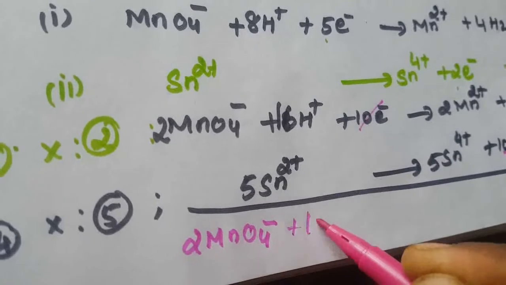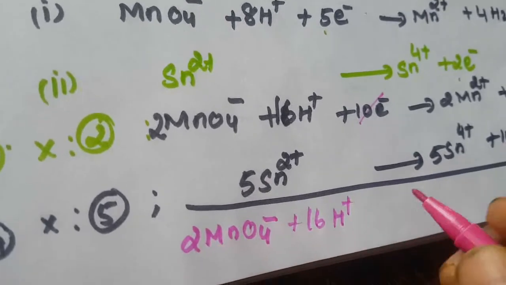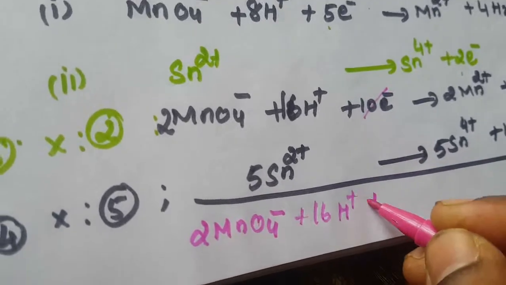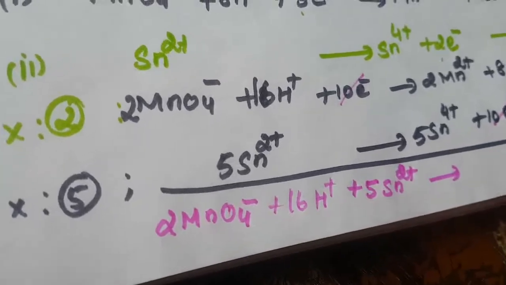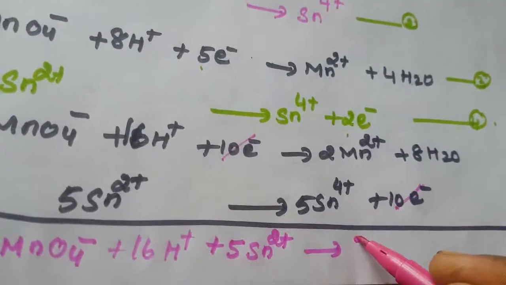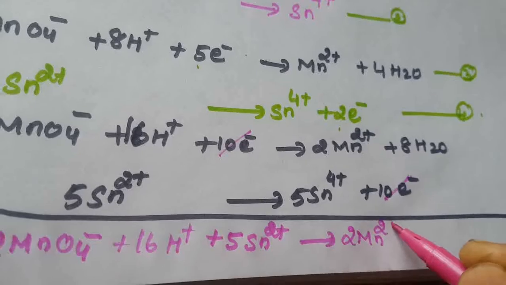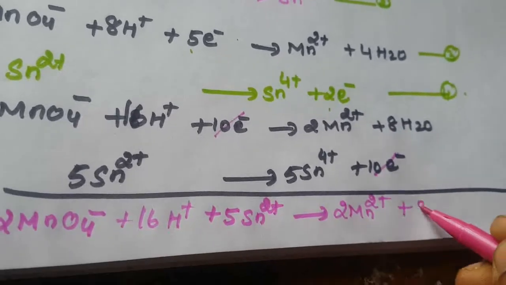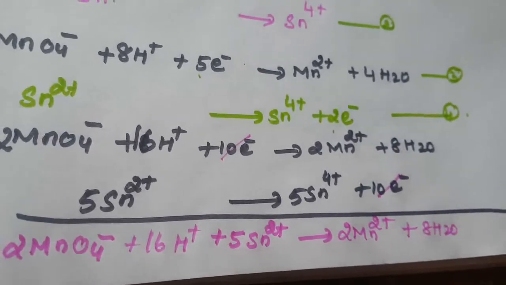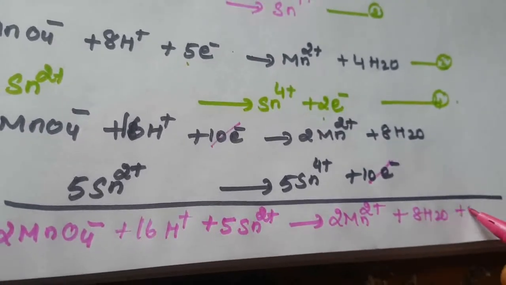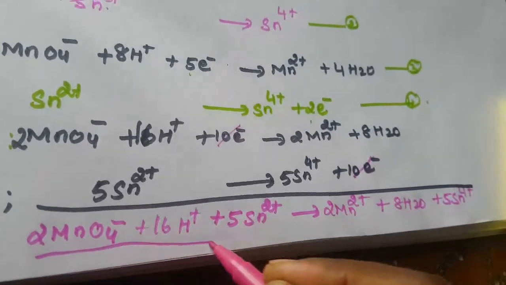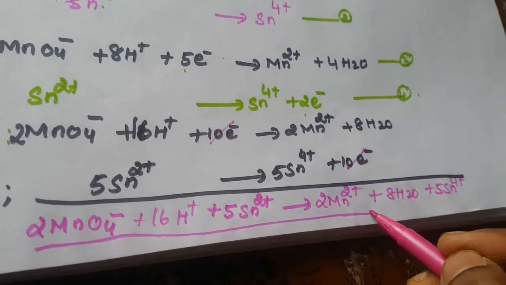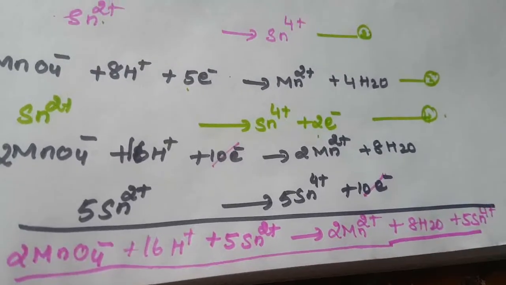So that is 16H plus. Okay, 10 electron cancels, that is 5 Sn2 plus gives, what is that answer? So here 2 Mn2 plus then 8H2O plus 5 Sn4 plus. Okay, so this is the final answer for your balancing the ion electron method.